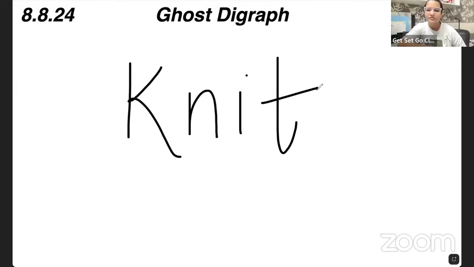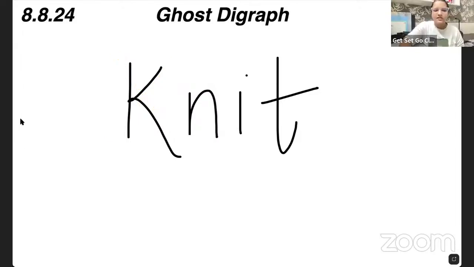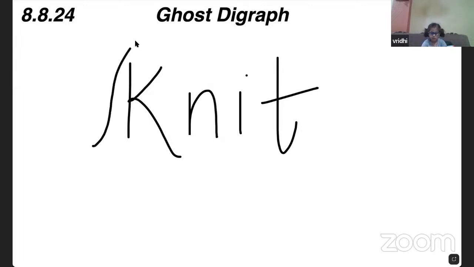Anybody else who would like to take a chance? Anya, Aisa, you tell. How do you read this word? Knit. Okay. So Doreen says the word is read as knit, which means that the sound of K is not there. Am I right, Doreen? Yeah. All right.